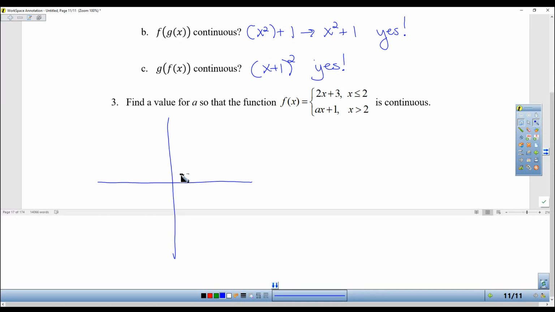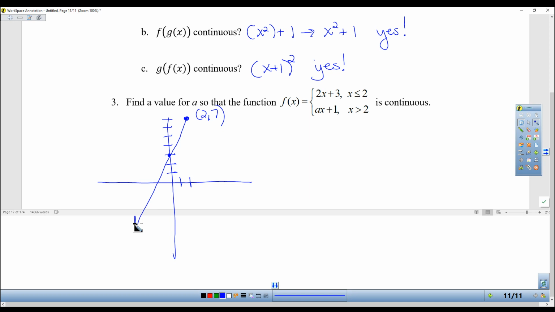And this one starts up at 3. And it's for x is less than 2. So I do want to know what happens at 2. So I plug in a 2. 2 times 2 is 4, plus 3 is 7. 1, 2, 3, 4, 5, 6, 7. So that's another point, 2, 7.